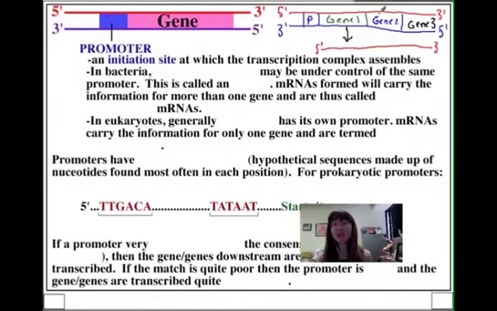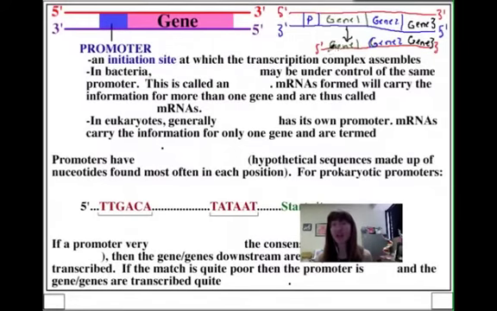But this RNA will be special because it will carry the information for gene 1, gene 2, and gene 3. We have some special names for these things. DNA, in which a single promoter controls more than one gene, is called an operon. So this would be an operon.